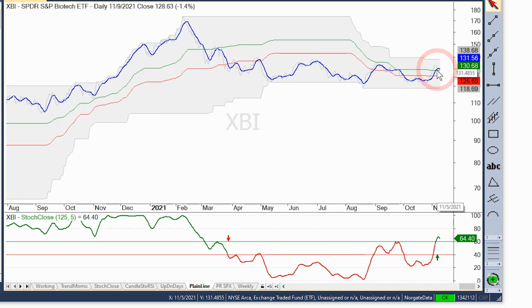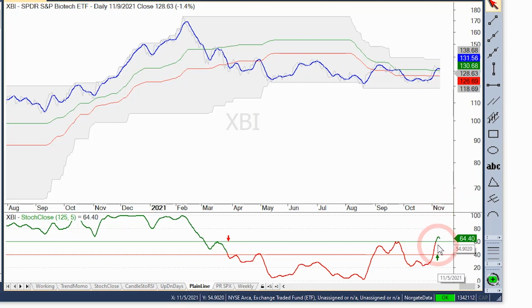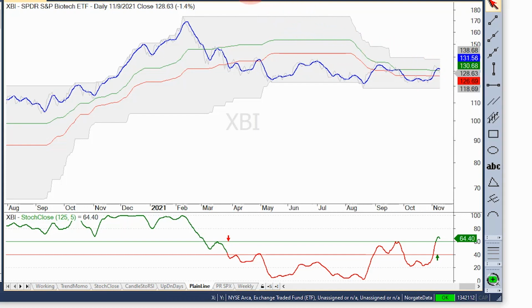And so you can see XBI has that bullish cross above the green line there. And if you look at the StochClose indicator below, it moved above 60 for the first time. It was green back in March, and it went flat, bearish, and then flat, and now it is turning bullish again. Don't know if this will be a whipsaw or a nice trend, but it is a current trend signal.